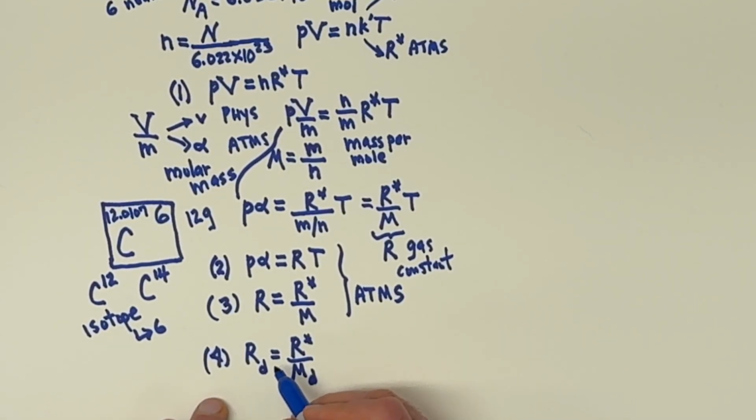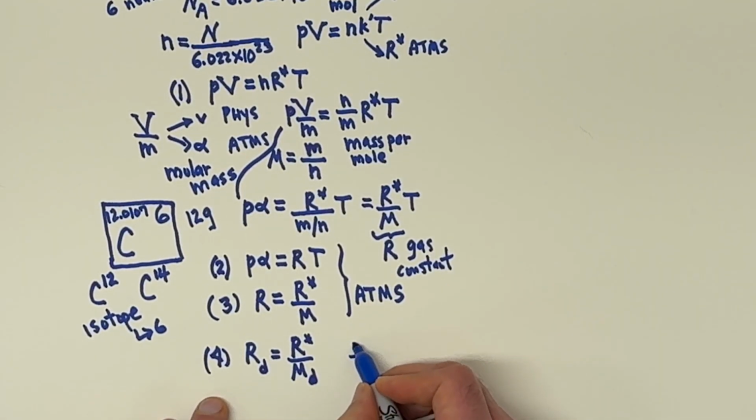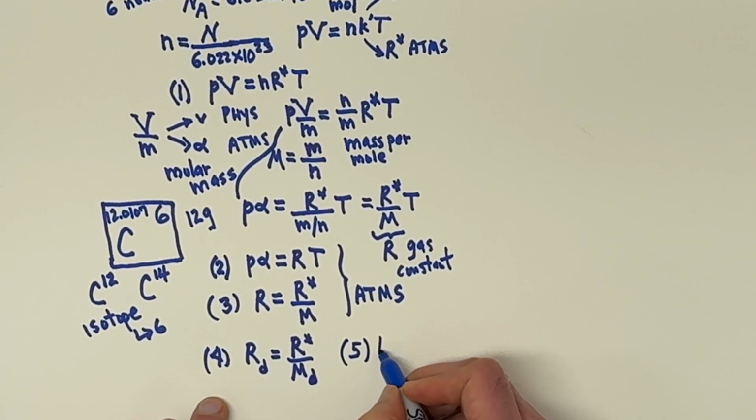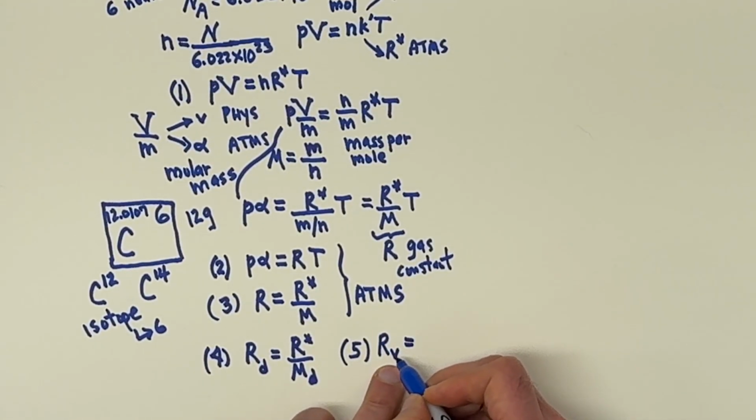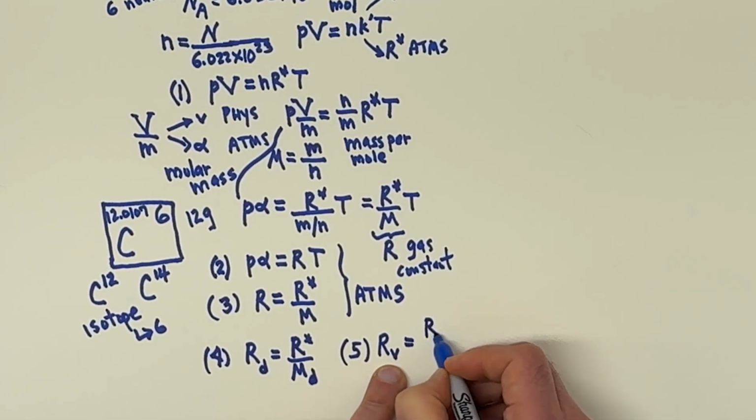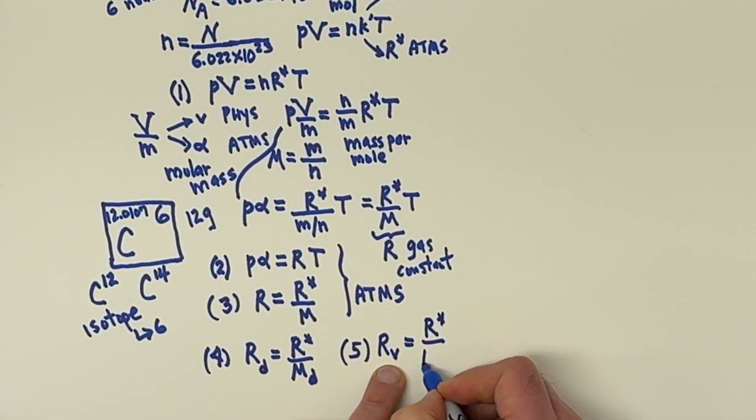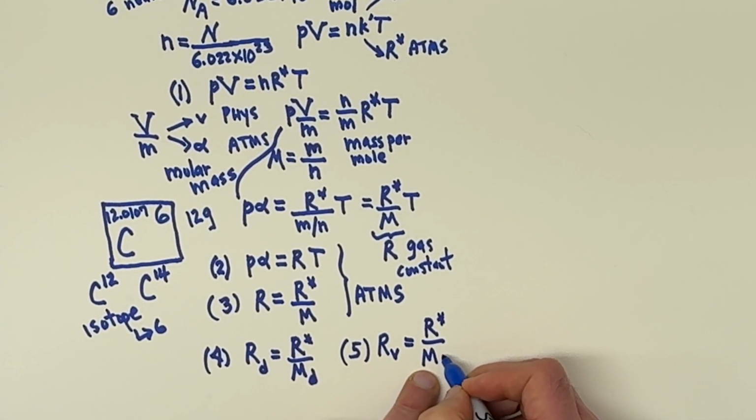So that would be 4. And then for equation 5, we'll have vapor. The gas constant for vapor would be R star over the molecular mass of vapor.